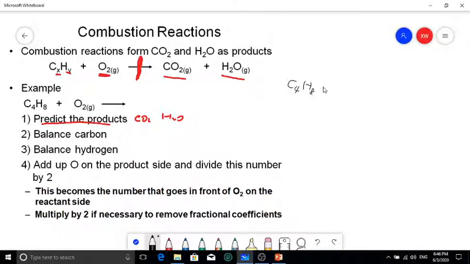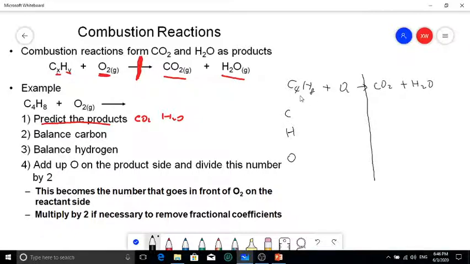C4H8 plus oxygen goes to CO2. Again, water and carbon dioxide are guaranteed products. Now, if I want to balance the equation, I want to at least separate these. There are three elements: carbon, hydrogen, oxygen. We already said that oxygen I want to do last. So carbon and hydrogen go first.